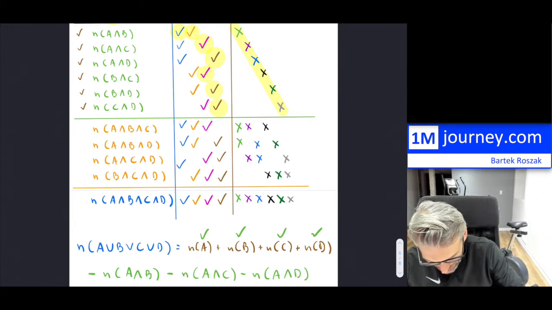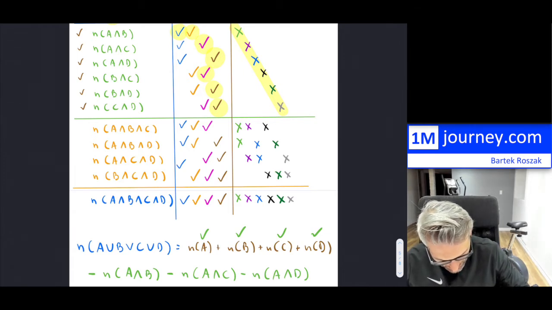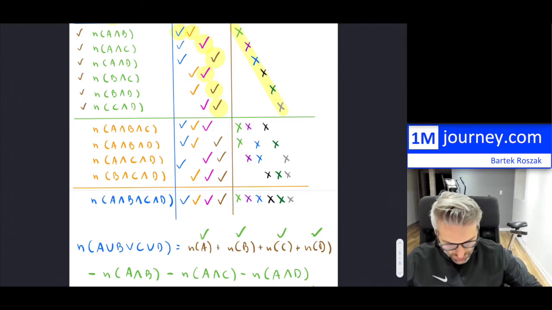Okay, so subtracted. N(B intersected with C) minus N(B intersected with D). So I'm doing all of those. Okay, subtraction of those.